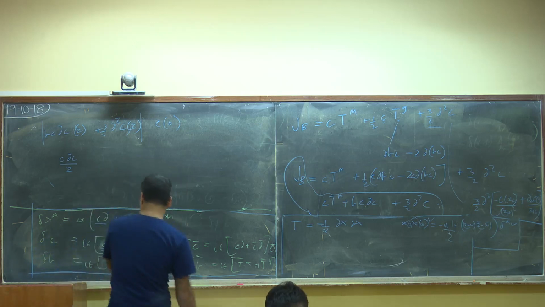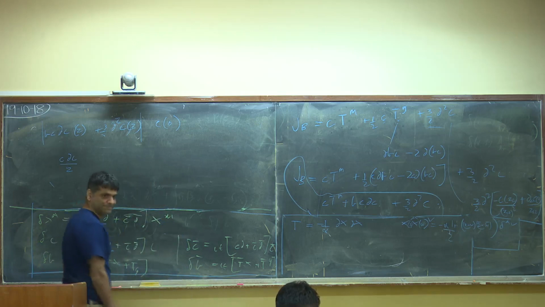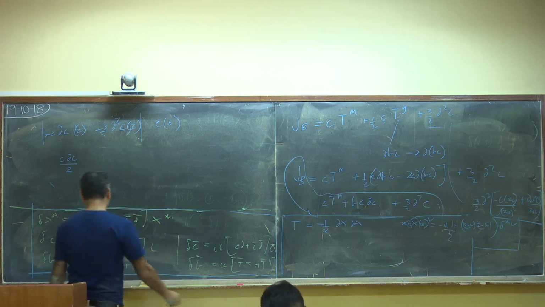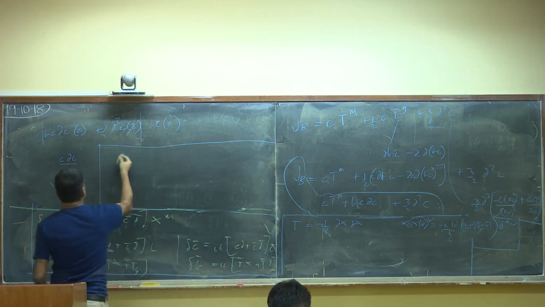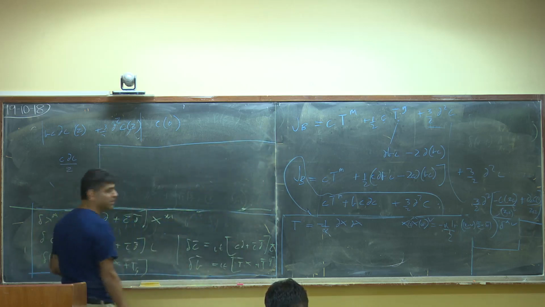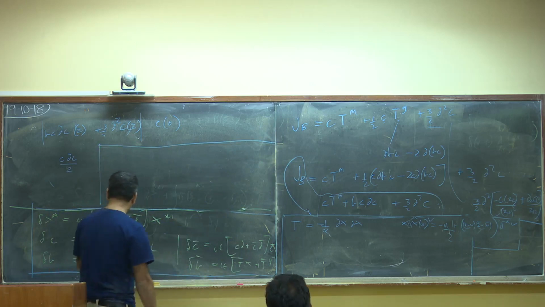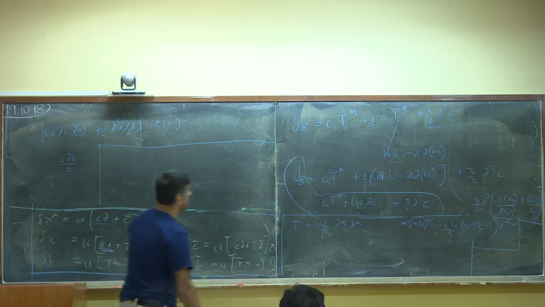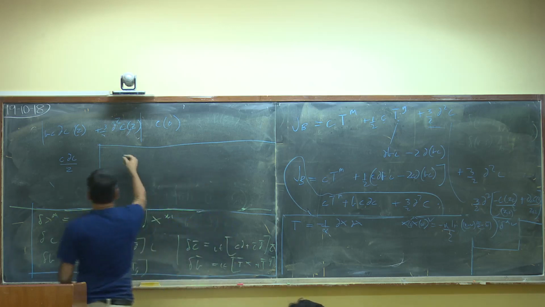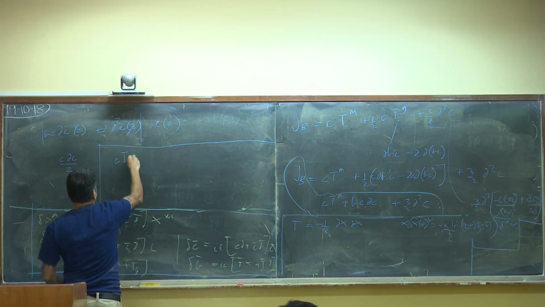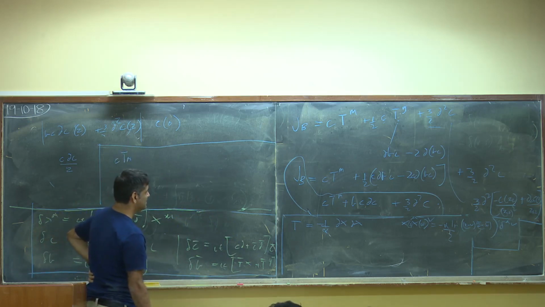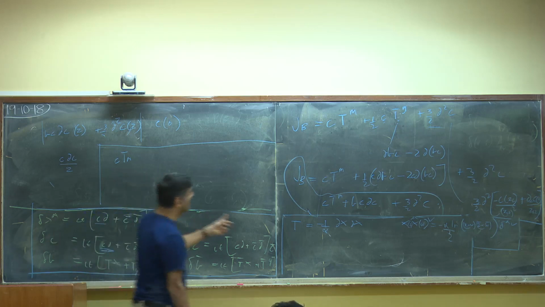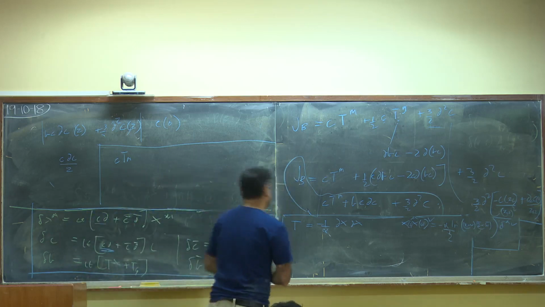The last term and the most non-trivial of the lot is this guy. For that, we need both terms. Let's first do the matter part. So the C T matter, but there's also a C that has to be written.